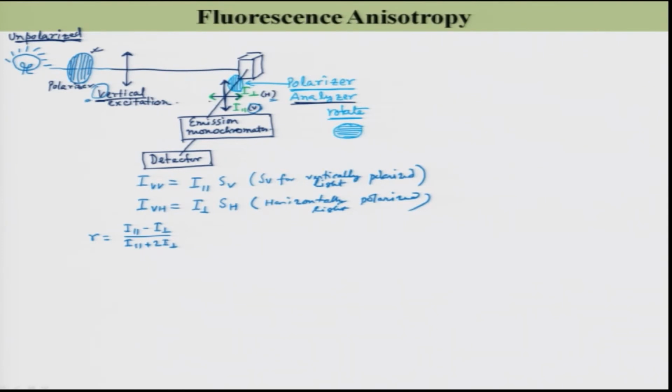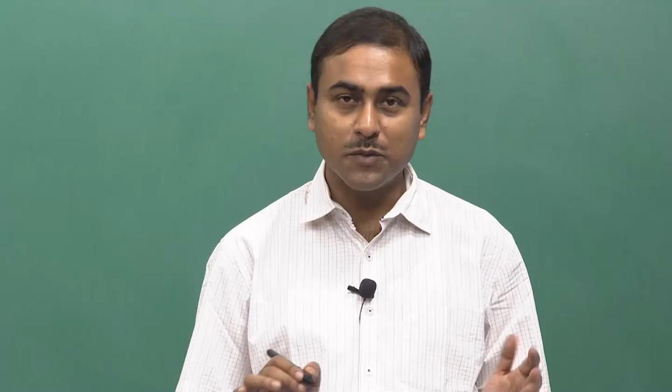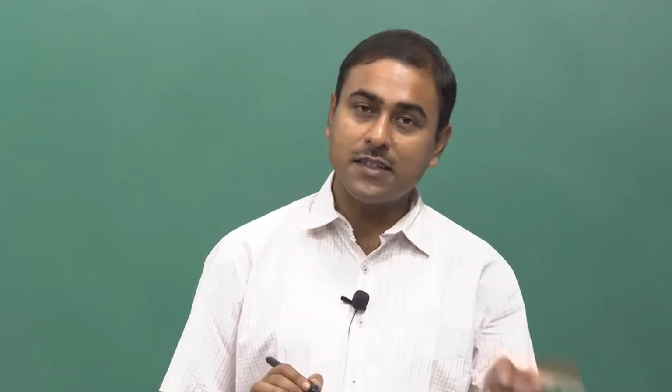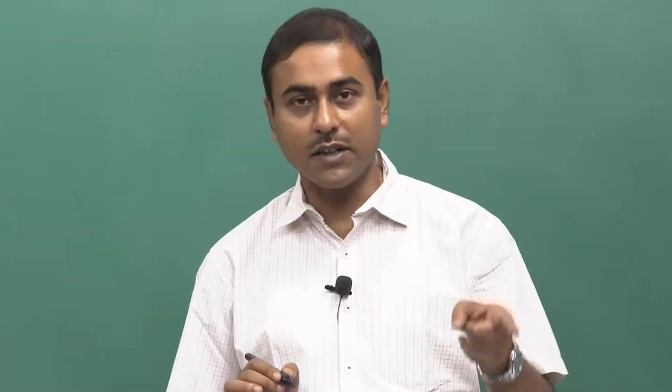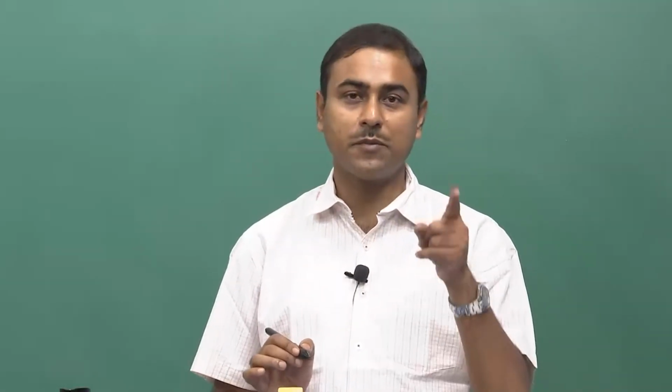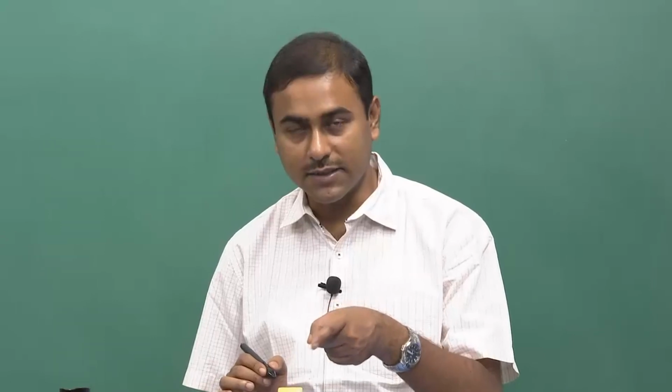But in the detector you are not measuring this, you are measuring something else, you are measuring IVV and IVH, that is related to I parallel when I parallel is multiplied by SV, and that is related to I perpendicular when I perpendicular is multiplied by SH.